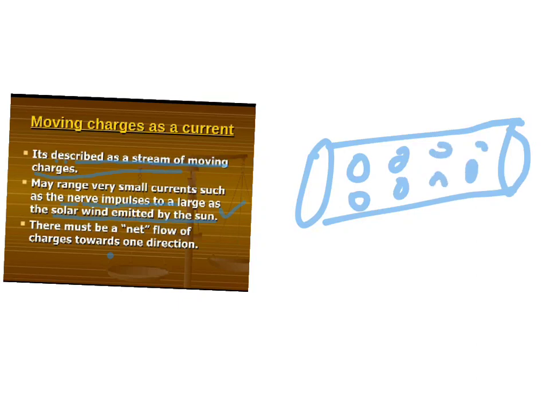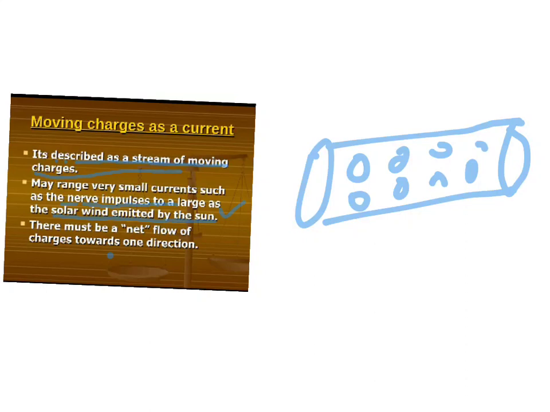When no battery or no source of electric current is connected with this conductor, there will be no electric current in it. But remember one thing, the electrons are already present in the conductor, and these electrons are actually in a continuous state of motion, but still there is no current.